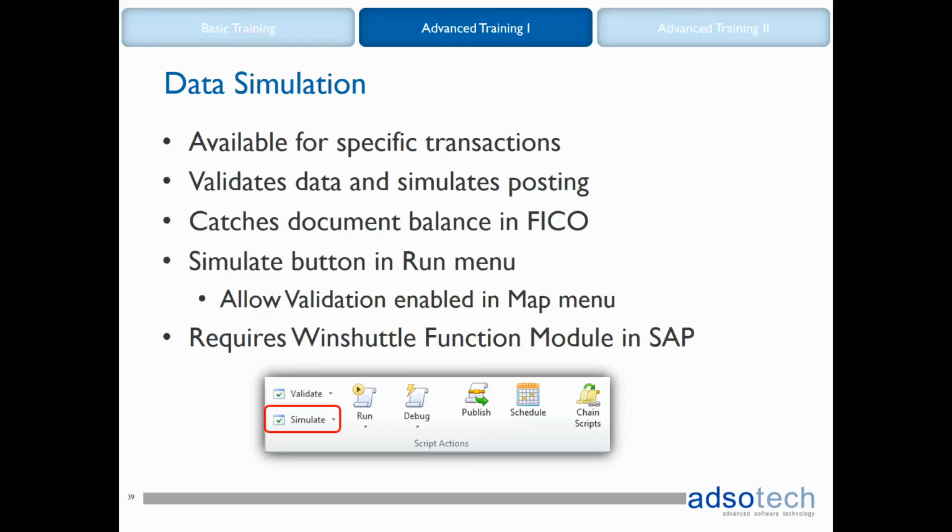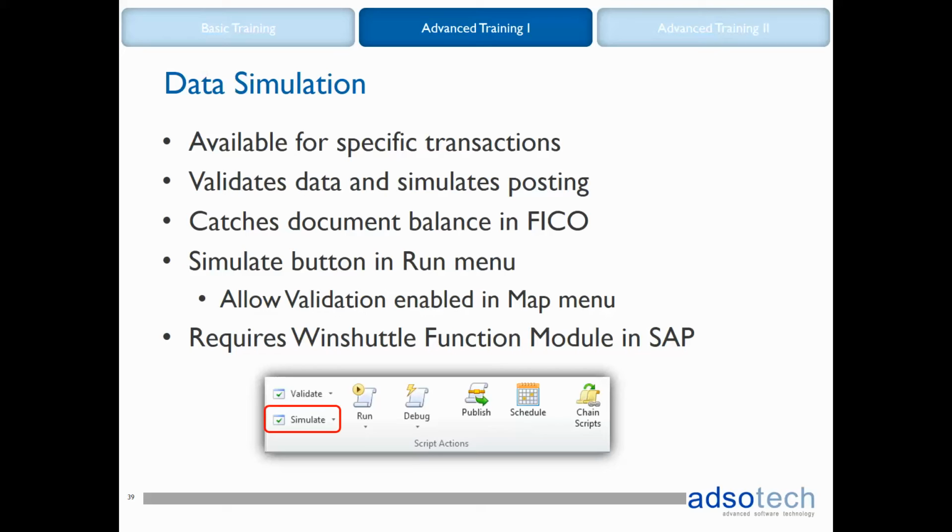On top of data validation, we also have data simulation as an option. This was designed more for finance users, as it not only validates the data as discussed previously, but also simulates the posting to catch the possible discrepancies in the document balance.